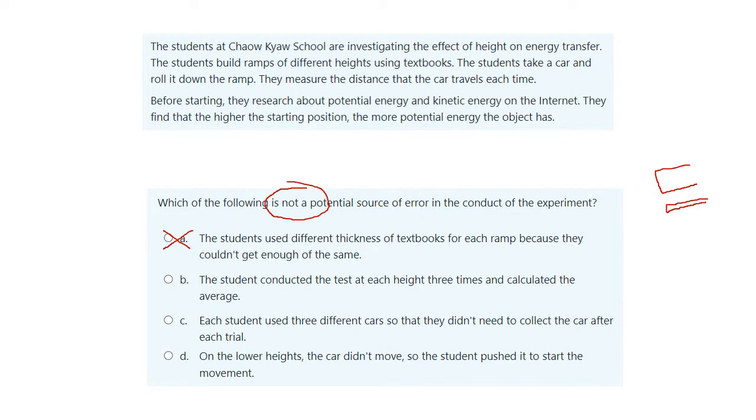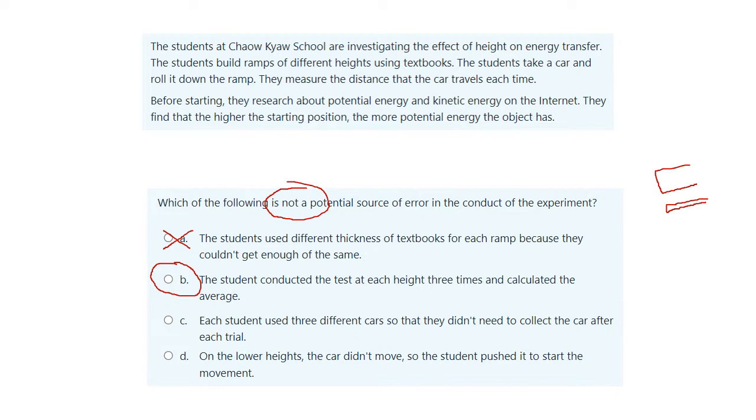B, the student conducted the test at each height 3 times and calculated the average. This is not a source of error. This is very good. When we're designing experiments, if we want to increase the accuracy of the results, then we should repeat the investigation. If we're measuring and we calculate an average, that will reduce errors due to the experimenter.